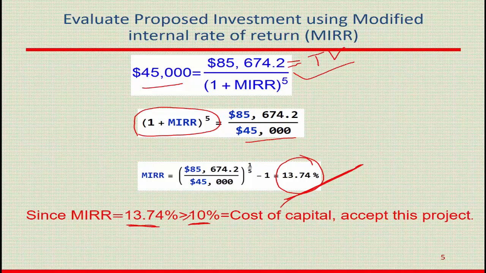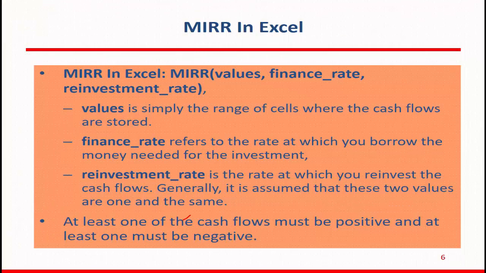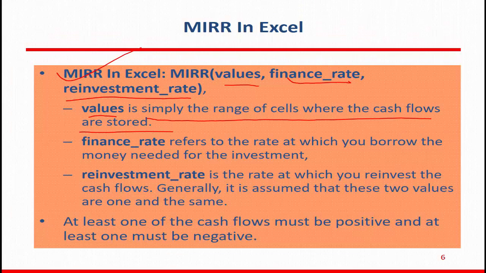So let's see how to do this in Excel. I have given a very short explanation of how you can do this in Excel. Excel has a MIRR function, and it has the arguments values, finance rate and reinvestment rate. Values refers to all the cash flows starting from the current period.